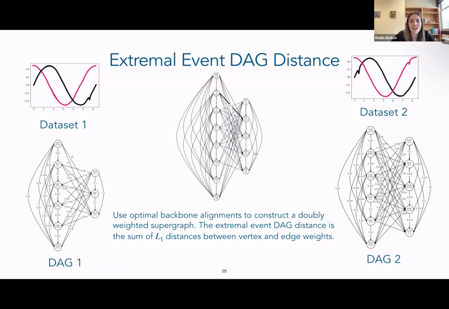Yes, so I don't know all the details of dynamic time warping. I know that it is similar to an edit type distance. So I think there are probably some similarities to the backbone distance in some way, but I don't know exactly what all the similarities or differences are. Great, thank you.